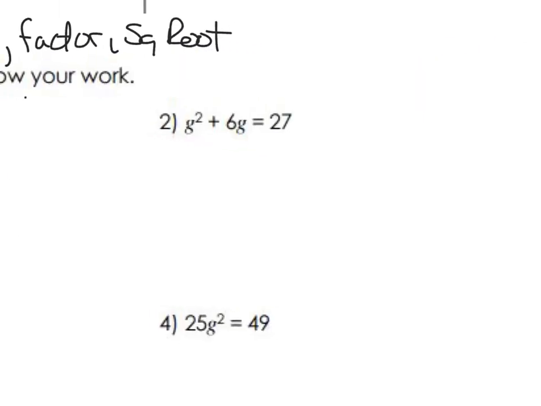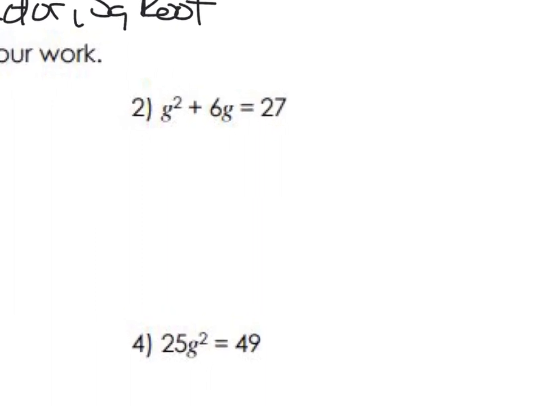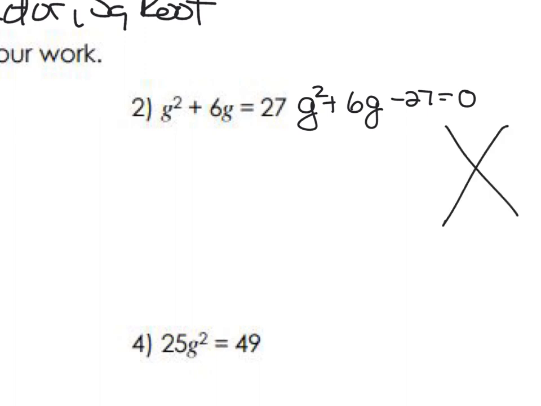All right, number 2, set it to 0. g squared plus 6g minus 27 equals 0. So think factors of negative 27 that add up to 6.